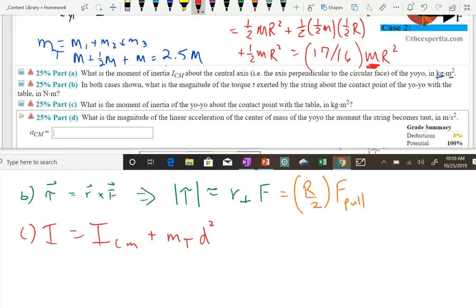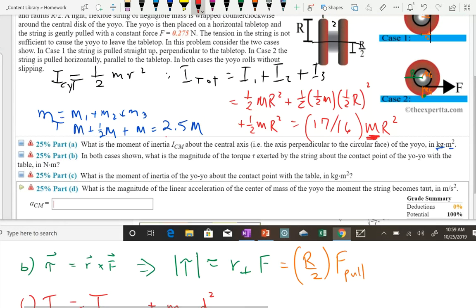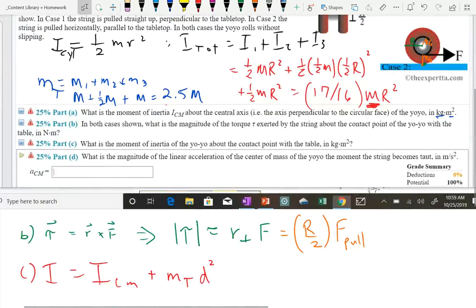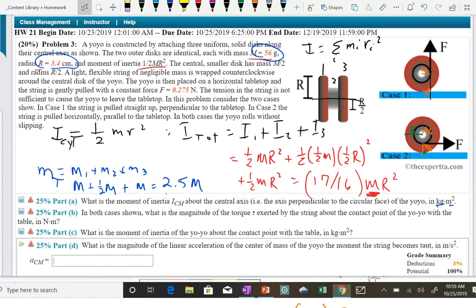That's the total mass of the yo-yo. But capital M here, right? That's why I was trying to use uppercase versus lowercase to distinguish. Capital M and capital R are values given, and I'm not going to change the name of what they gave you. So this capital M over here in red is the M that's given, right?